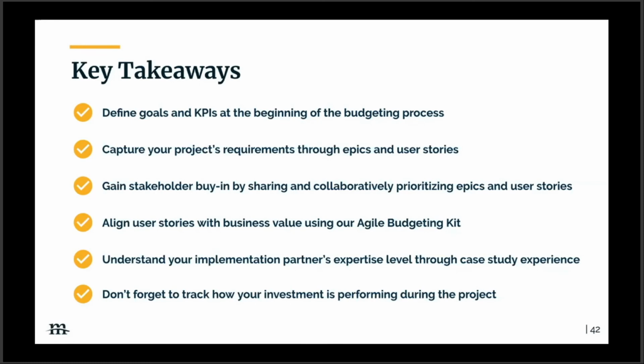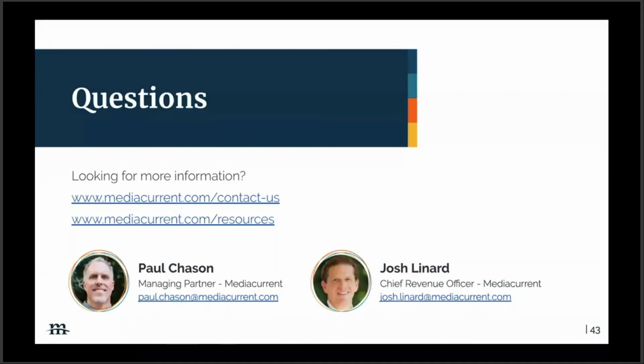Use the Agile budgeting kit that we've included in the webinar to correlate value with each user story. You'll want to take time to weigh the pros and cons of different types of implementation partners, and make sure to track your investment during the course of the project all the way through launch.